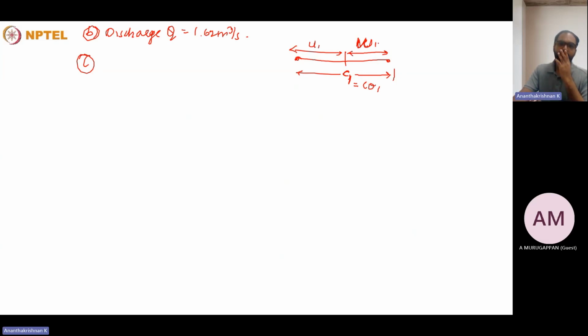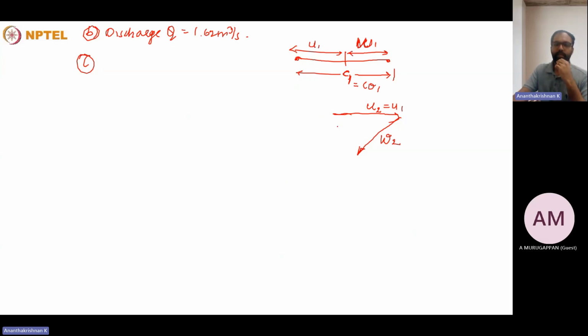is actually the relative velocity at the inlet, and at the exit, if you consider this to be the relative velocity, this is the same blade velocity U2, which will be the same as U1. For the Pelton turbine, it will be the same. U1 is the mean pitch circle diameter.